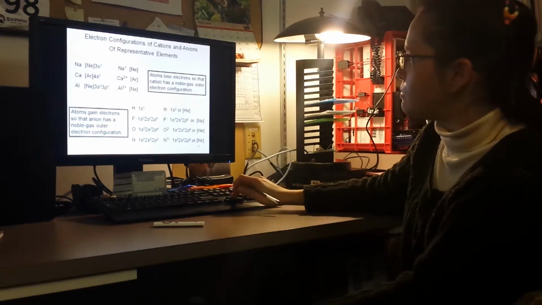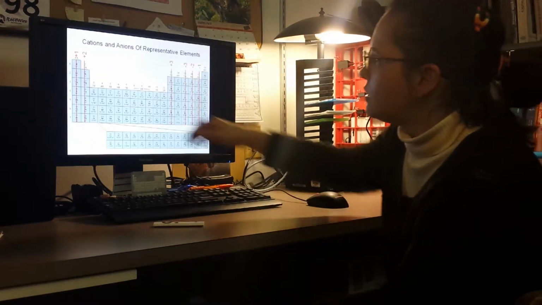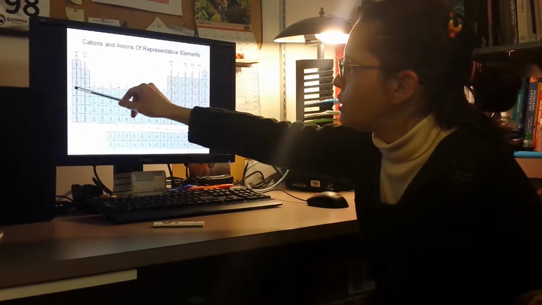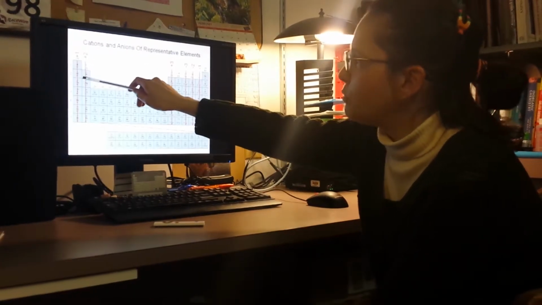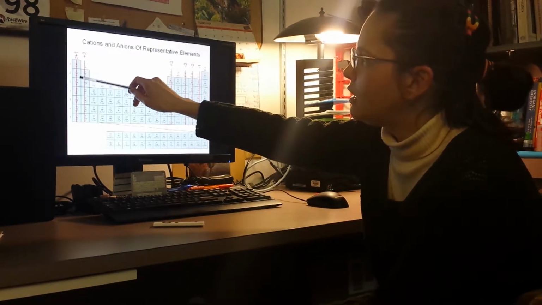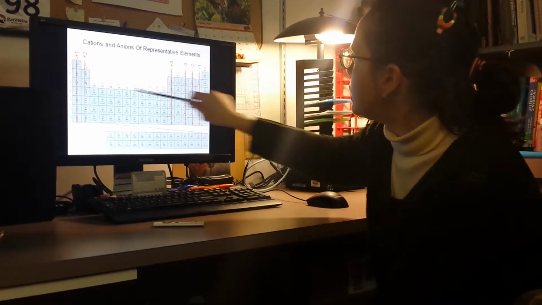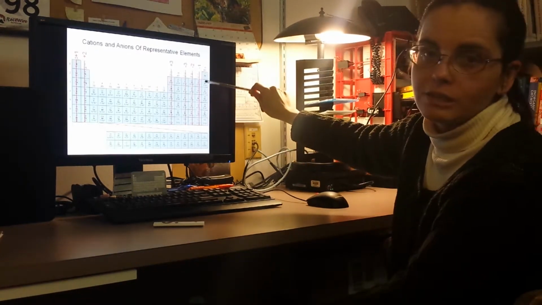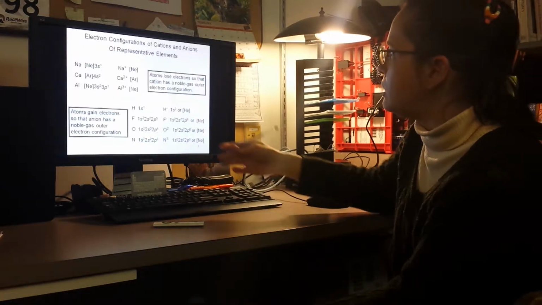If we go back and look at our periodic table, here's sodium. This is how many electrons it has, which is neon plus 1, and in order to be Na+, it lost its outer electron. So its electron configuration is the same as neon, and we call that isoelectronic with neon.